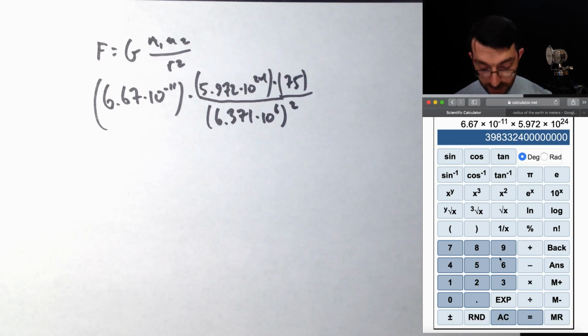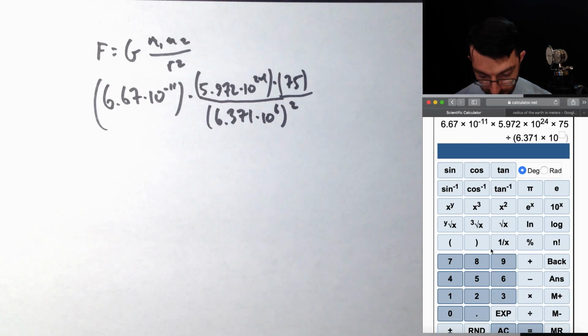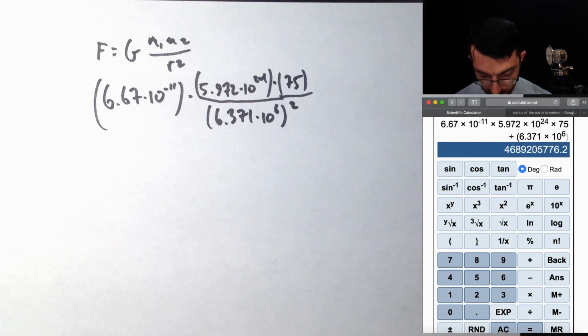That is huge. Times 75. Still huge. Divided by, and now I need parentheses for this, 6.371 times 10 to the power 6, close parentheses, squared.